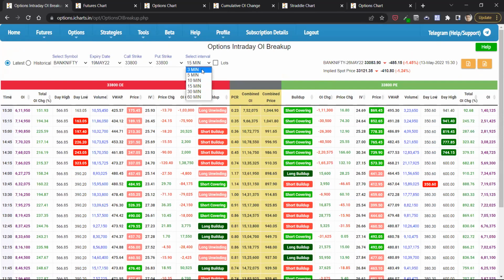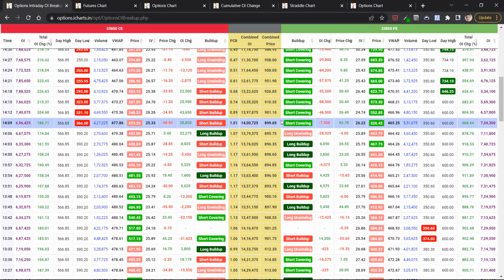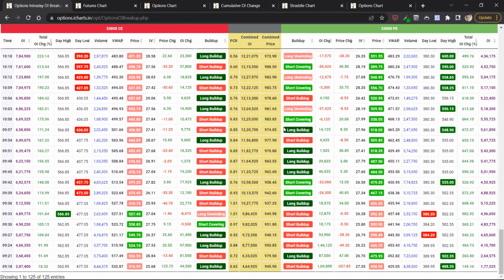And sir, if you can scroll down to the bottom of this page, from 9:18 onwards, the OIs on both the call side and the put side are getting higher and higher. At that point of time, do we need to enter a trade or wait for some direction confirmation?